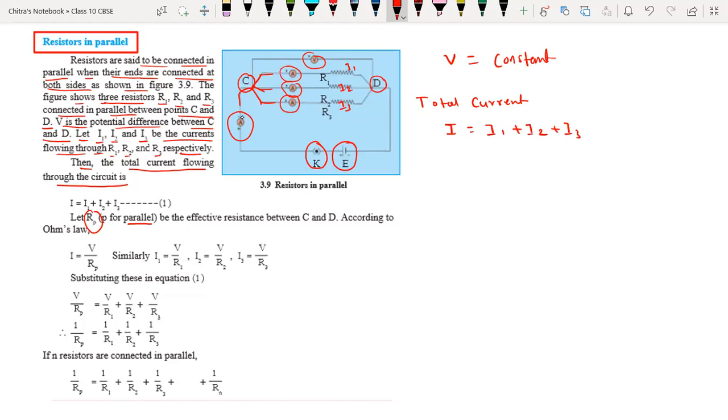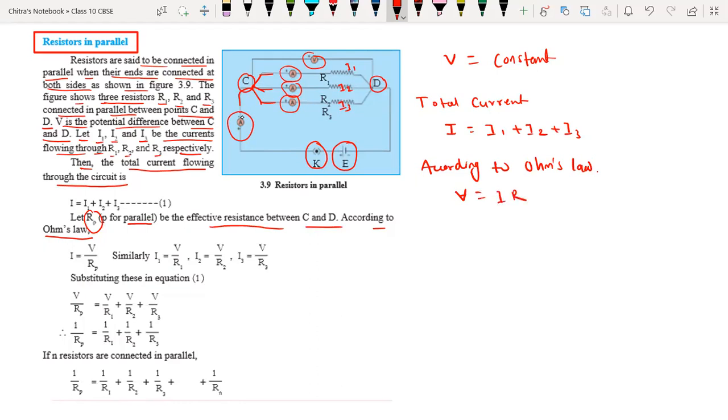So the effective resistance in parallel between point C and D, again here we have to use Ohm's law. Therefore, according to Ohm's law, what do we have? V equals IR.